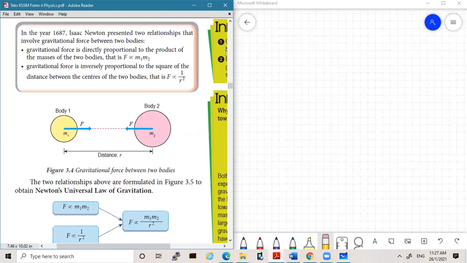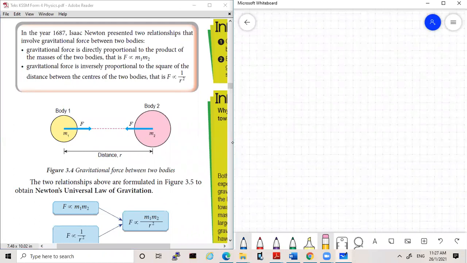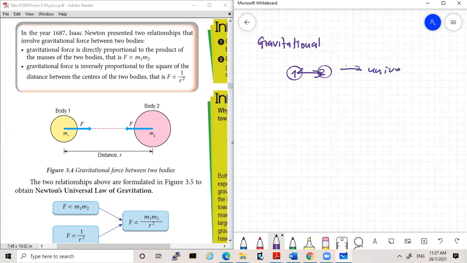Before this, we have looked into the gravitational force. What is the gravitational force? It is a force between two objects, let's say object 1 and object 2, in the universe.